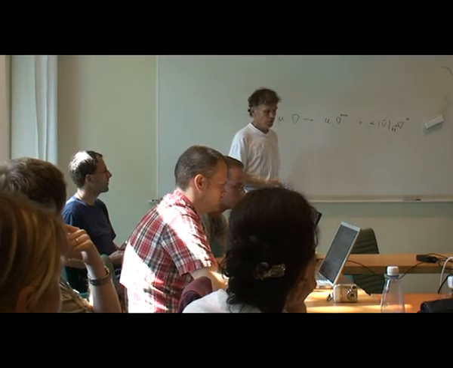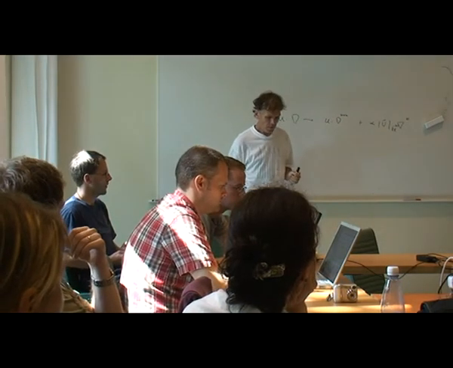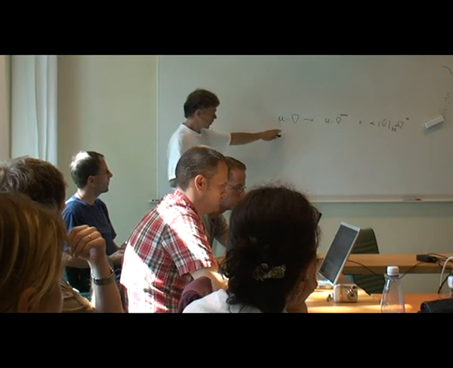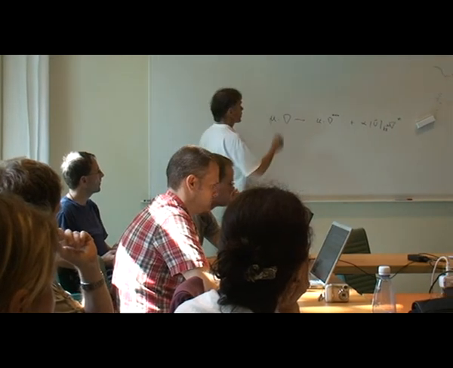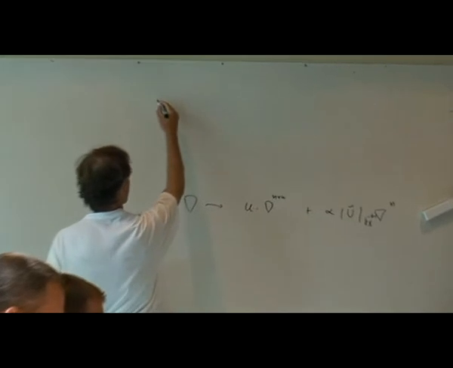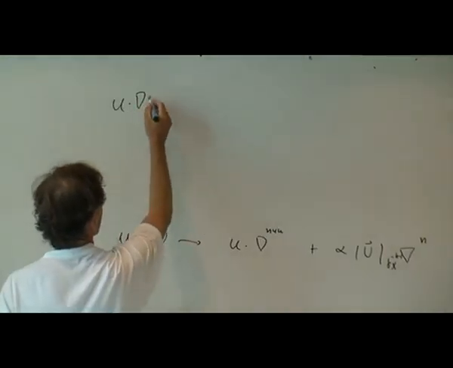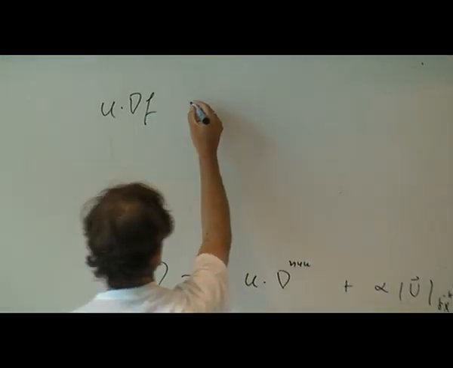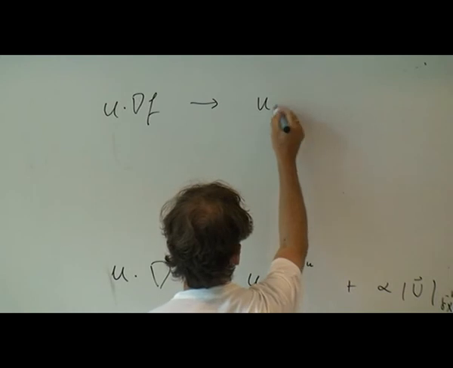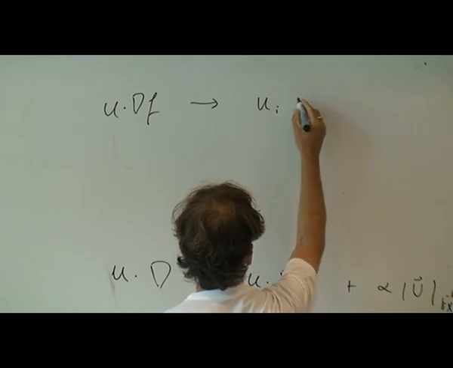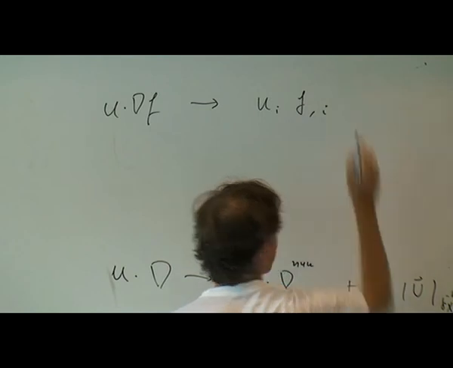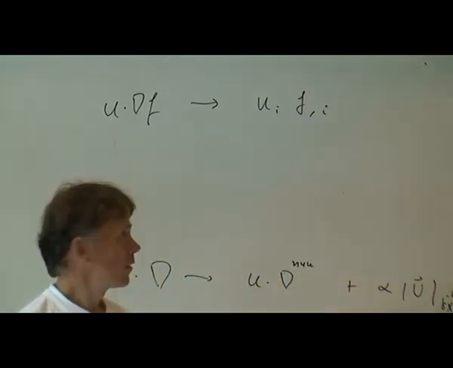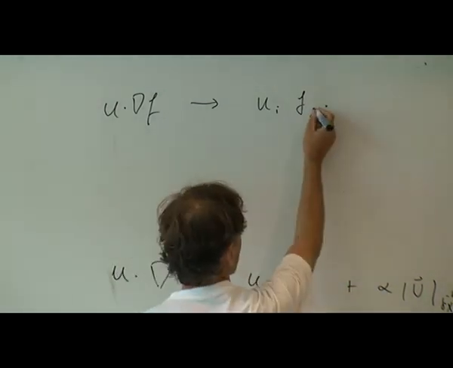That's right. Now my suggestion is to do the following. In spherical geometry or any other geometry, our operator is of course written as ui times f comma i. And of course, it's not comma but semicolon.